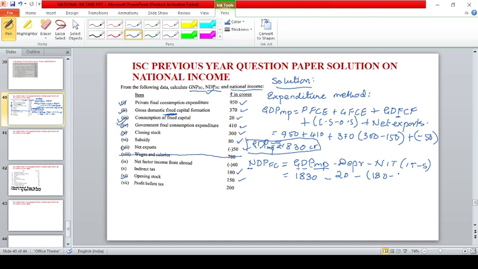So 180 minus 80. After calculating all this, NDPFC will be equal to 1710 rupees in crore. Why crore? Because all the rupee values over here have been given in crore, so you have to write the units properly.